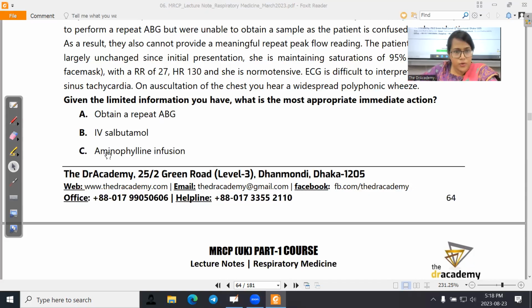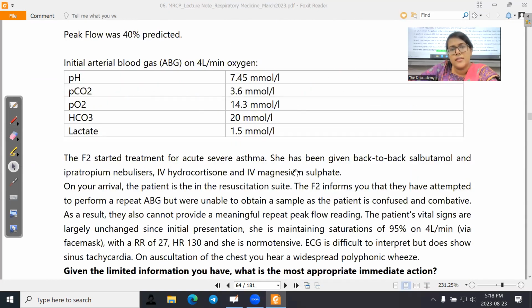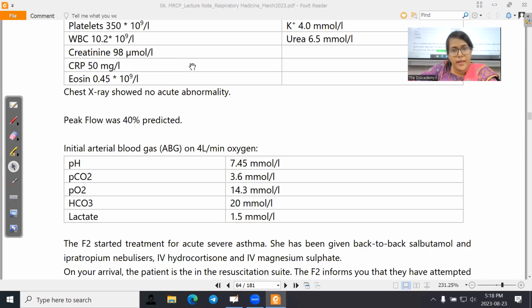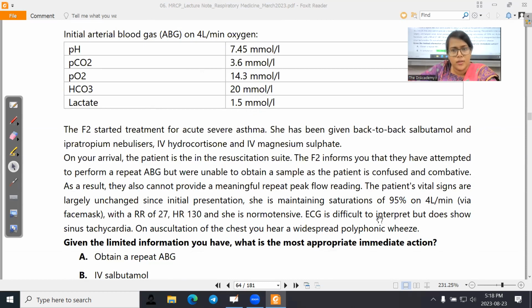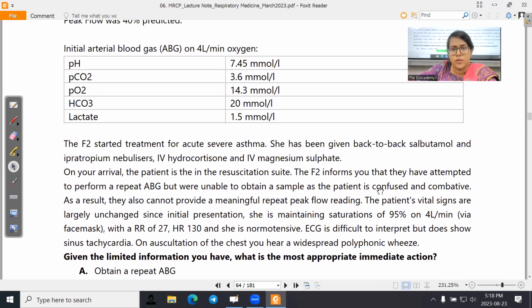Now, here's the catch, okay? I know you're probably thinking, so this might be the option B. But the answer is actually option D, referral to the intensive care. The reason is, even though initially the patient is showing severe asthma, not a life-threatening asthma, however, in the second portion, you get only one word, and that is confusion, okay?